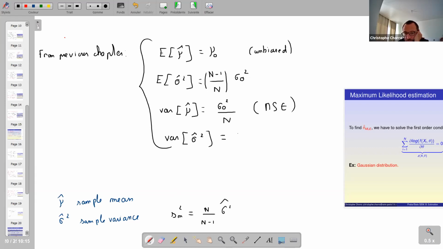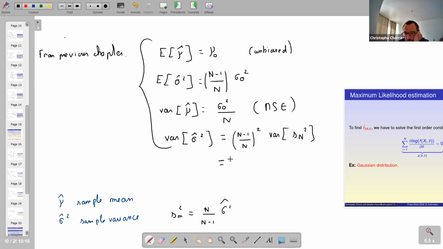So the variance of the sample variance is n minus 1 over n squared times the variance of the corrected sample variance, because you have in the course, in the previous chapter, the formula for it.